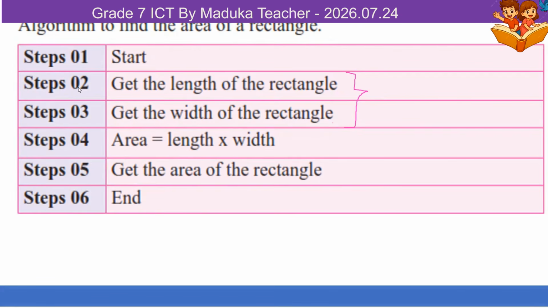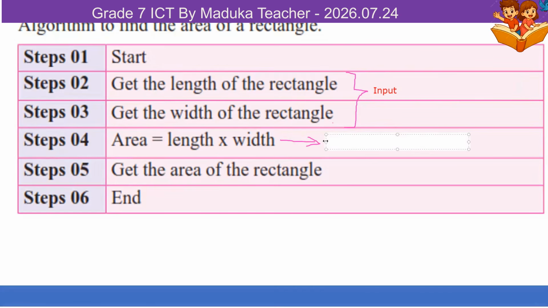Here, steps number 2 and 3: get the length of the rectangle. Very good, it's the input of this problem. Next one: area equals length multiplied by width.